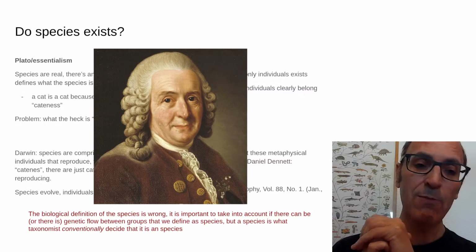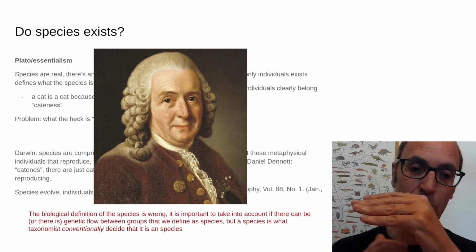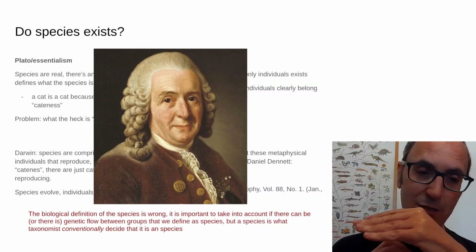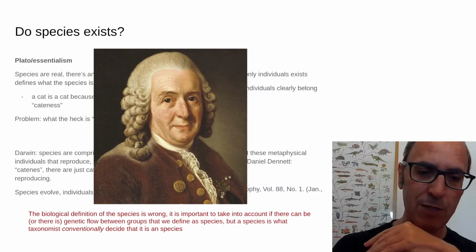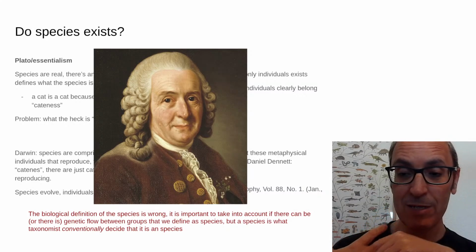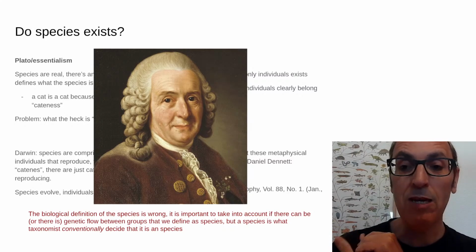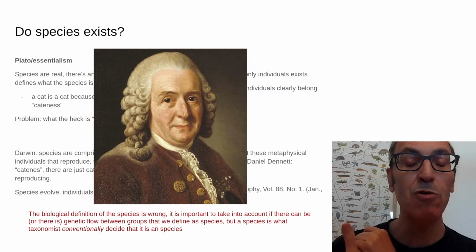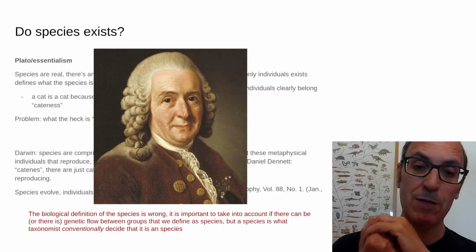One very important reason to take into account is whether there's gene flow between the two. If there is no gene flow, for sure, it's not a species. But if there's some gene flow, is that a species? For instance, between Neanderthals and us? Well, taxonomists have decided that it is more useful to think about us as two different species.